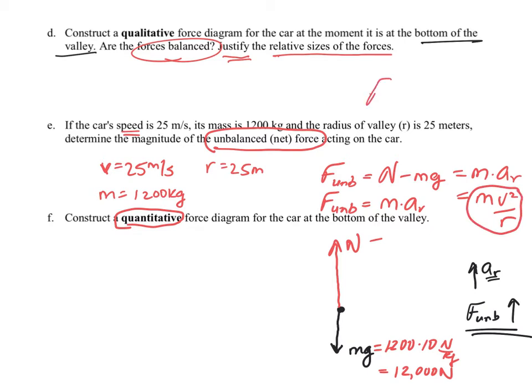So my unbalanced force is 1,200 times the velocity squared, 25 squared, divided by the radius of 25. Oh, they made it easy on you guys. You just cancel out one of those 25s. So 25 times 1,200 is the unbalanced force, or 30,000.